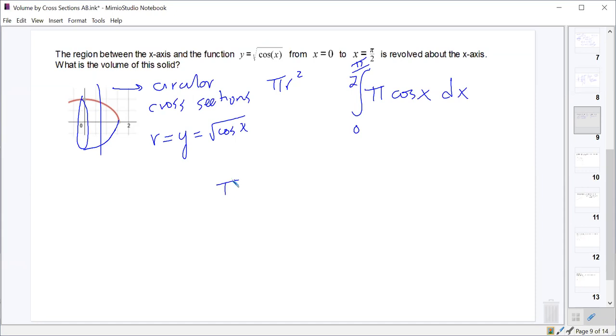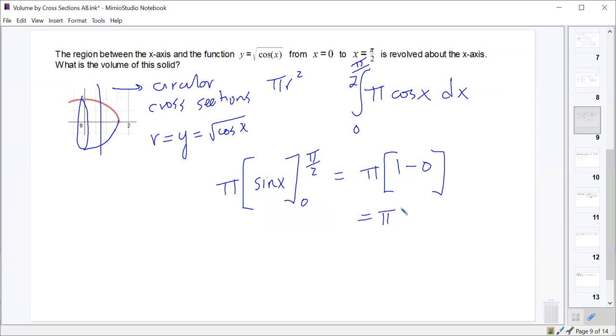So we have pi. What's the integral of cosine? Sine. So pi times sine x from 0 to pi over 2. What's the sine of pi over 2? 1. And the sine of 0? 0. And so we just end up with pi units cubed as our volume.